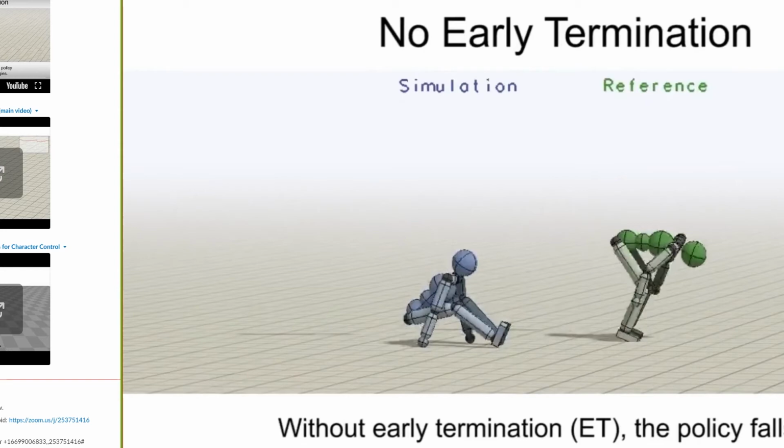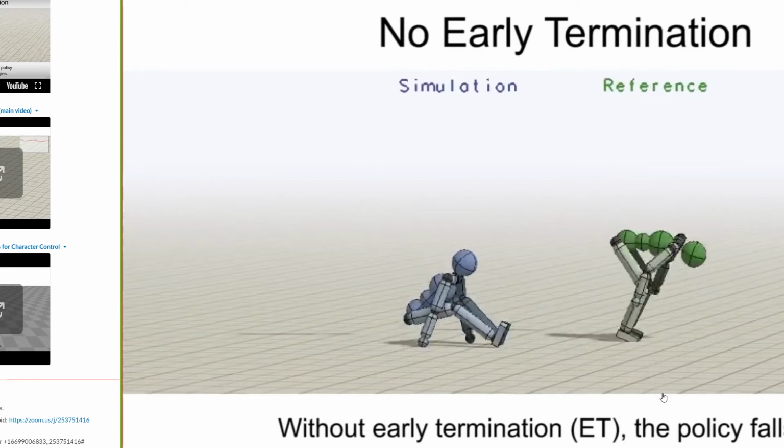So in order to make these trainings efficient, you have to have very good sample efficiency. And the second finding they had was that if you let the simulation run long on bad trajectories, it actually damages the overall training of the network.